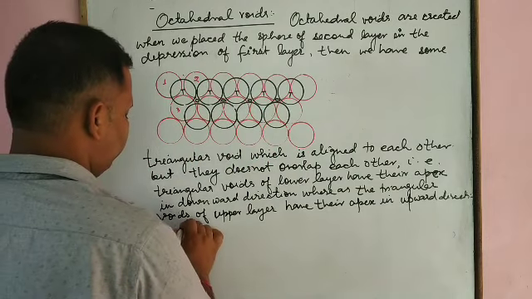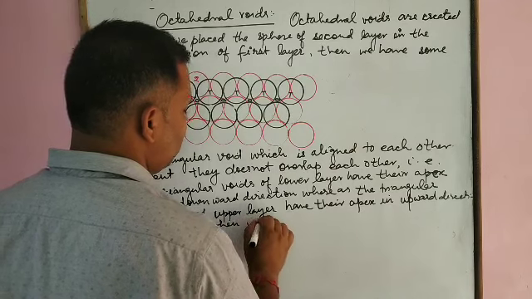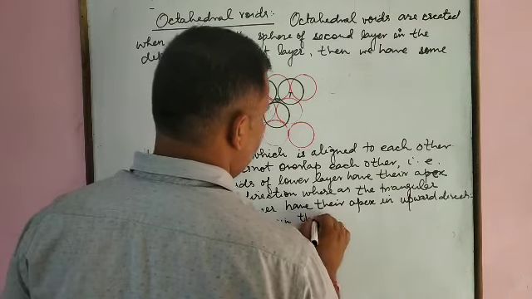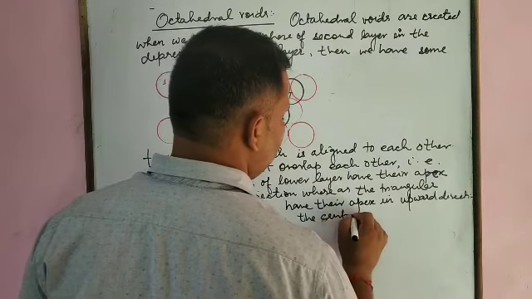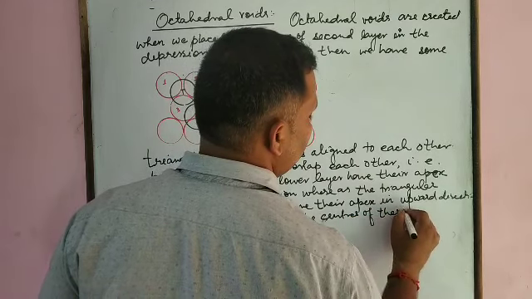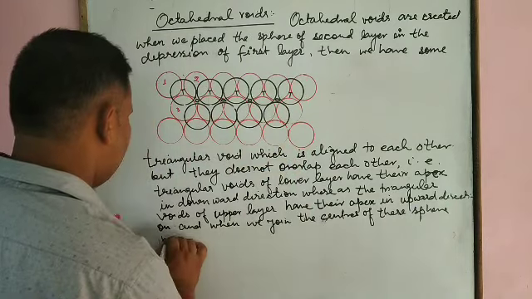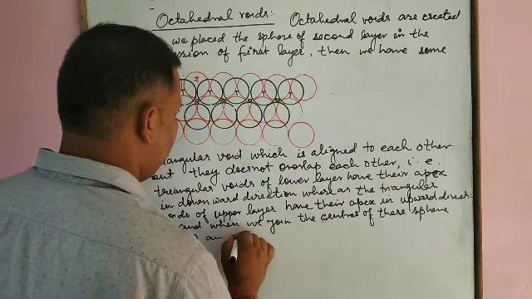And when we join the centers of these spheres, we get an octahedron.